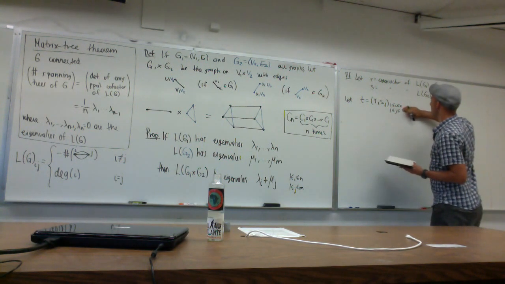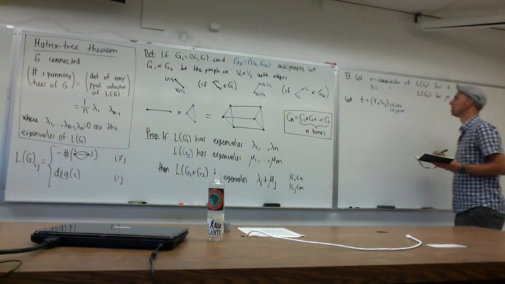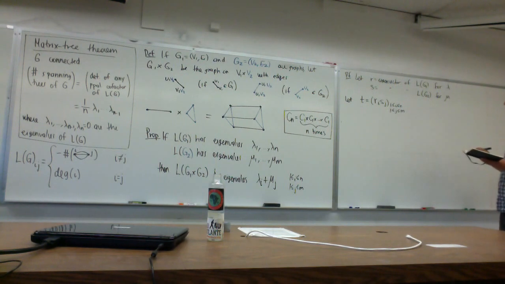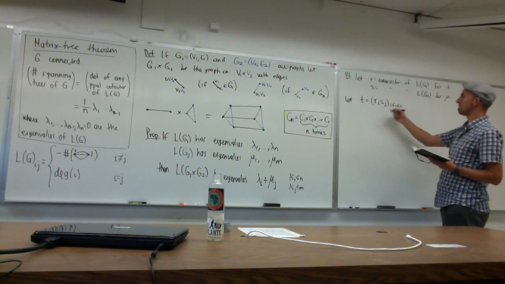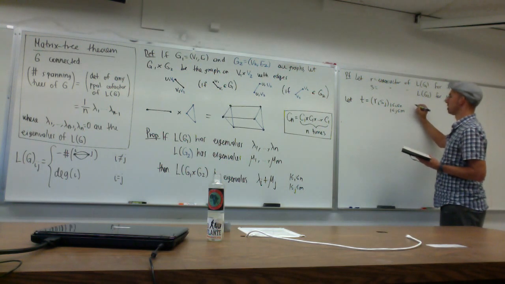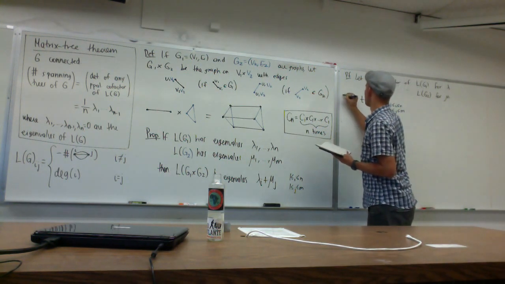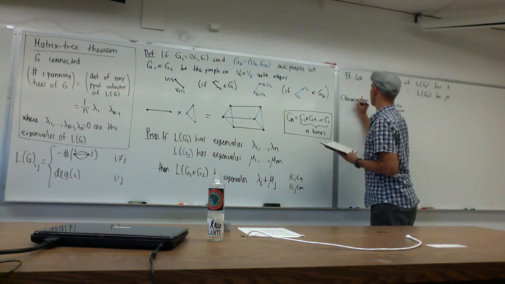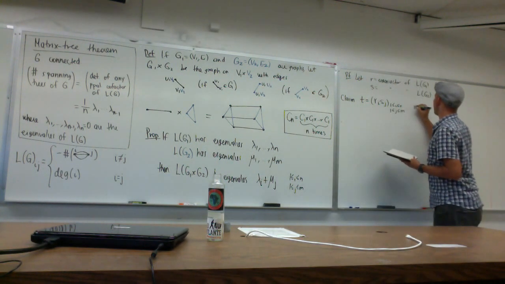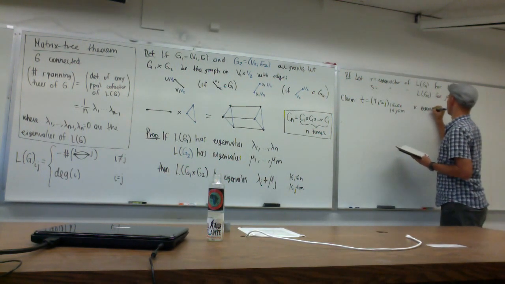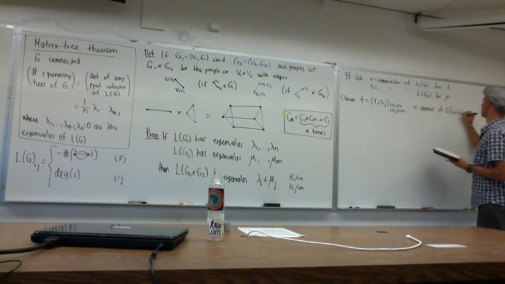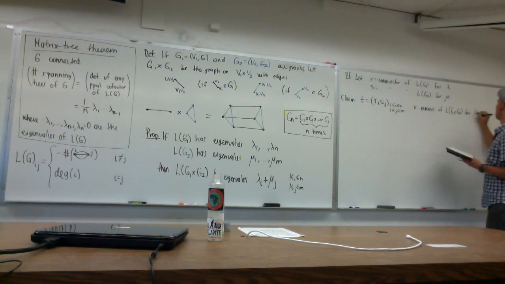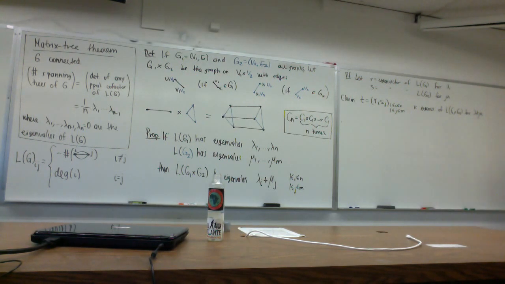I guess I call this n and I call this m. Okay? So this is a vector of the right length, and I claim that this is an eigenvector for the product graph for the eigenvalue lambda plus mu. Okay?